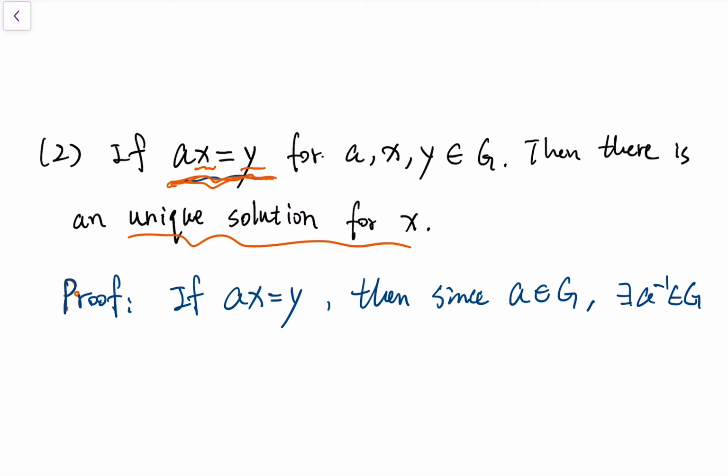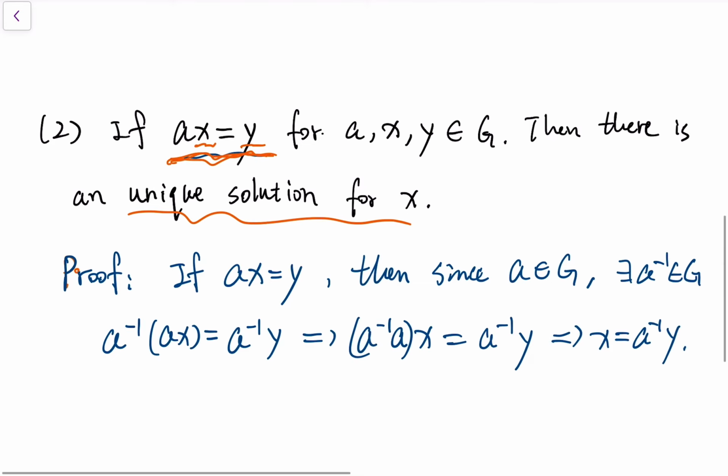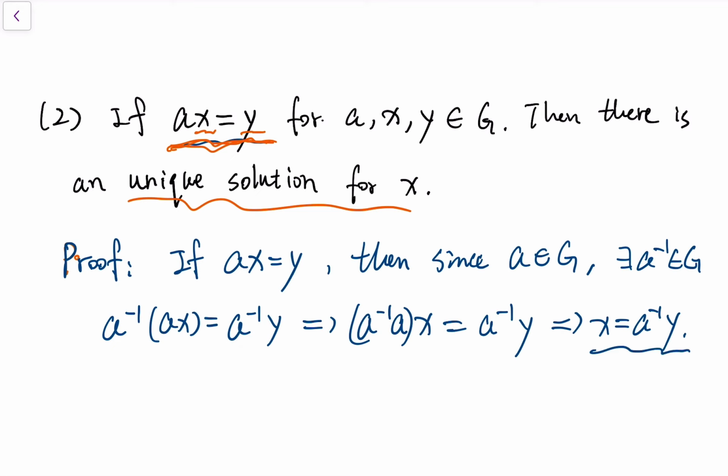And we use the same method to multiply A inverse on both sides of the equation. That is A inverse times AX equals A inverse Y, and this is just A inverse A x equals A inverse Y, which means x equals A inverse Y. Okay, so here A inverse Y is a solution for x.